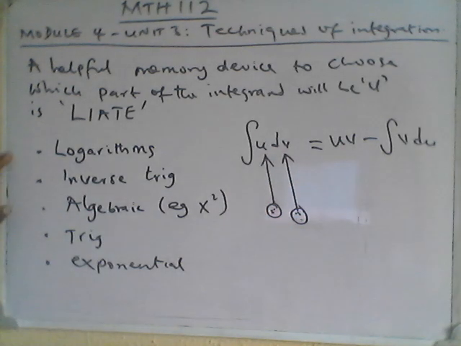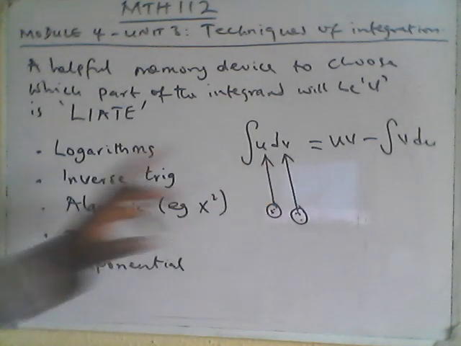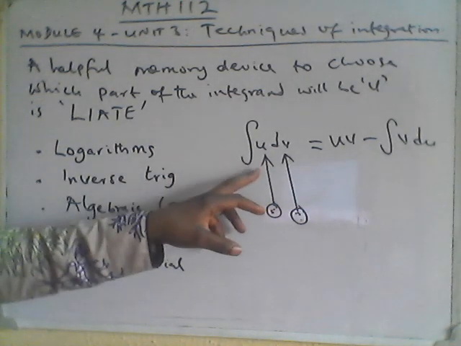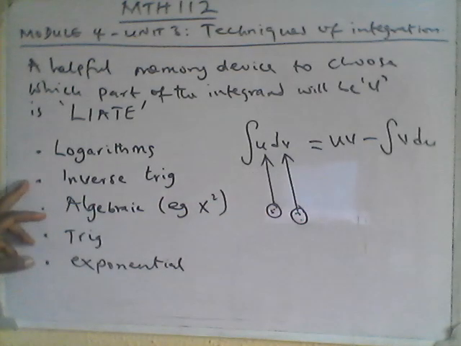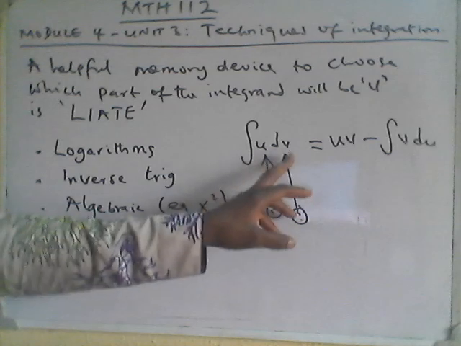That's the first one. If you don't have a logarithm, the next thing you look at is inverse trigonometry. If you have an inverse trigonometric function, you choose u as that expression, and every other thing should be dv.